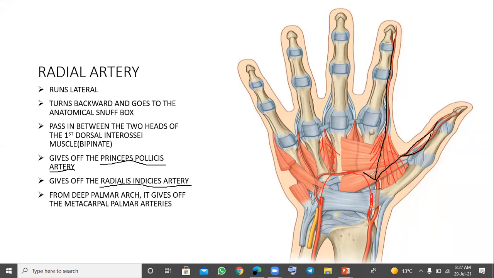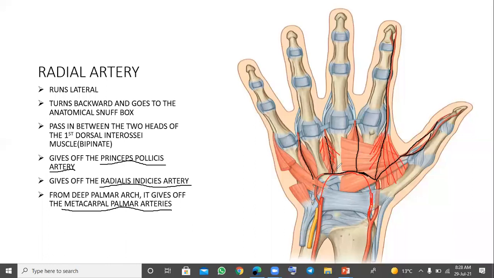Okay, so this is the deep palmar arch, which is formed mainly by the radial artery. Then from the deep palmar arch, there are those branches, known as the metacarpal palmar arteries, coming from the deep palmar arch.